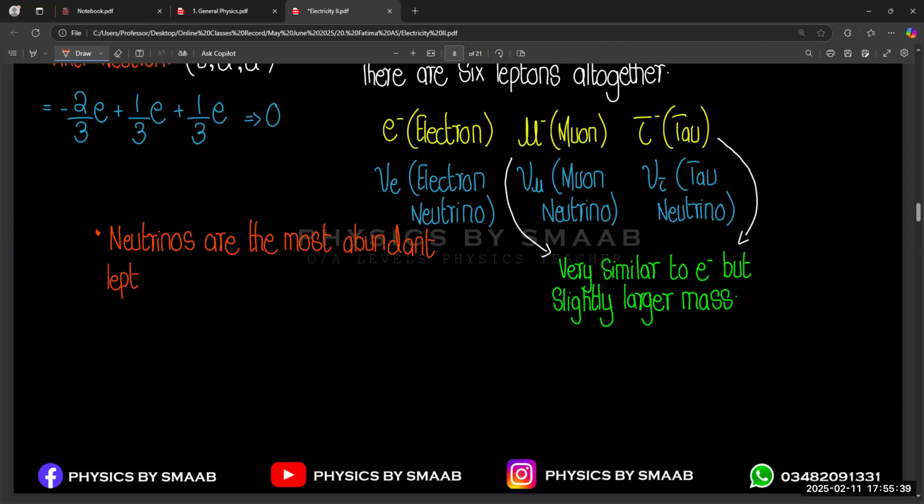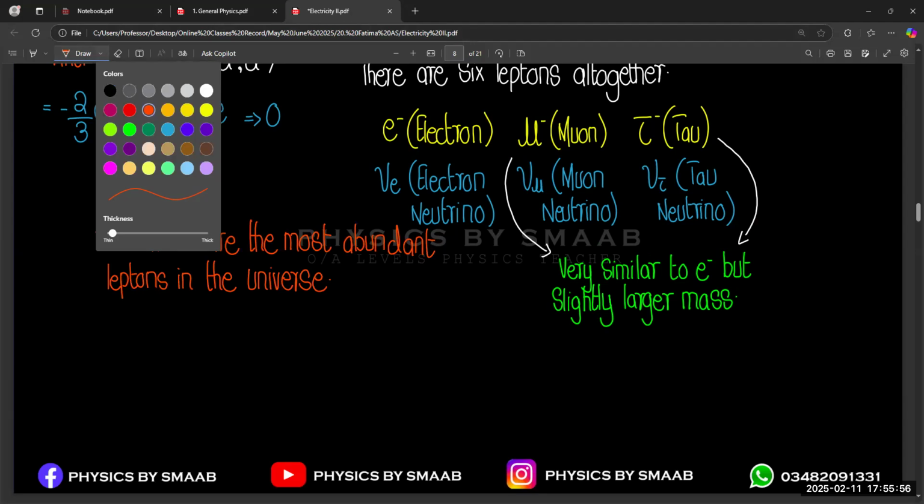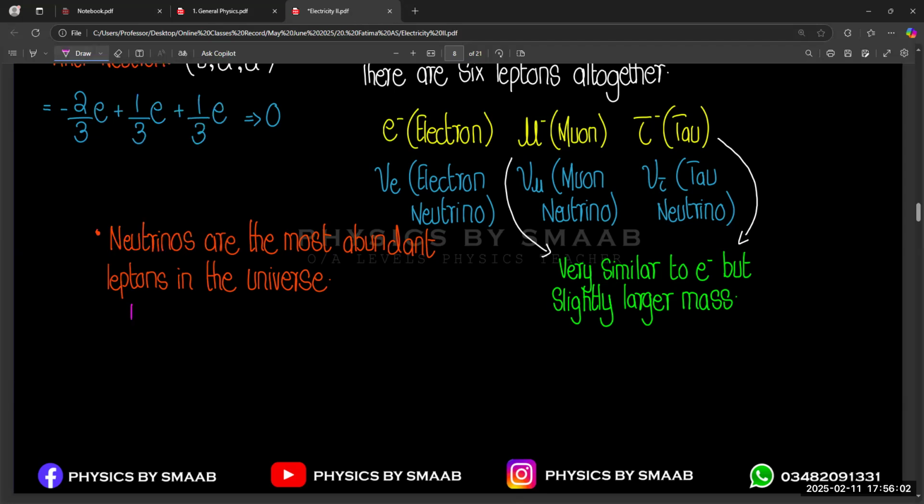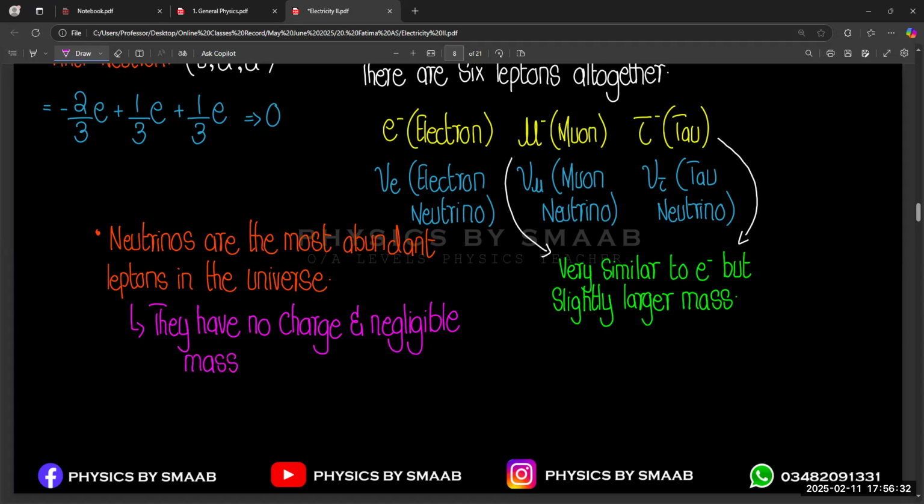The reason is very simple, because they have no charge and negligible mass, almost equal to 0, right?